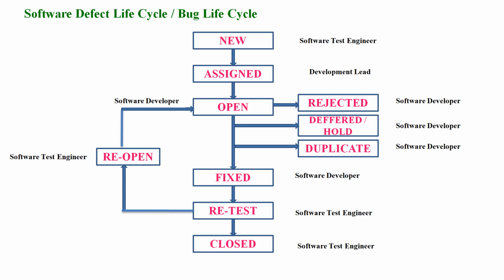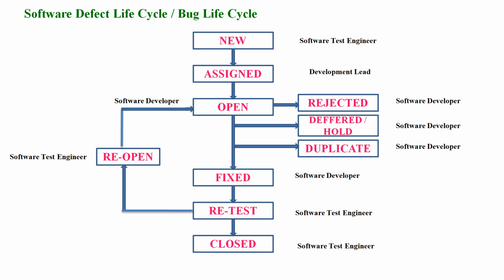You have again reported the same defect. So we are not considering it, we are considering the first reported defect. That is called a duplicate. Clear? So this is the duplicate status. The status of duplicate will be assigned by the software developer. Right? This is called bug life cycle or defect life cycle.